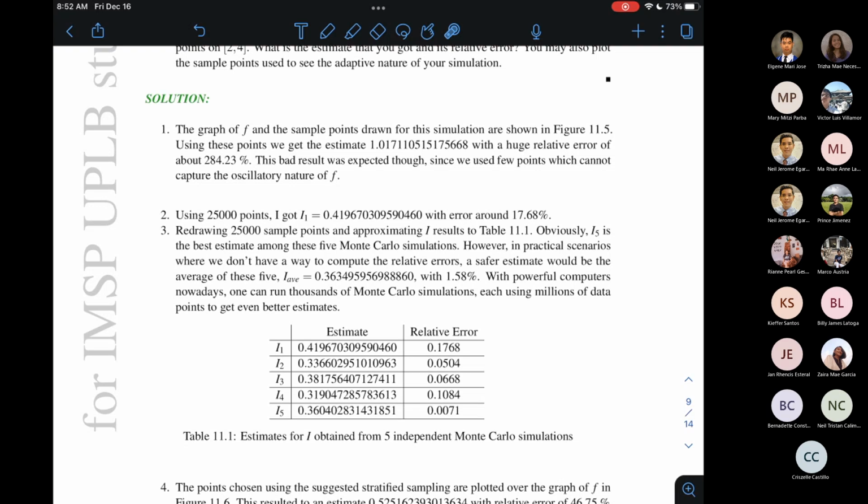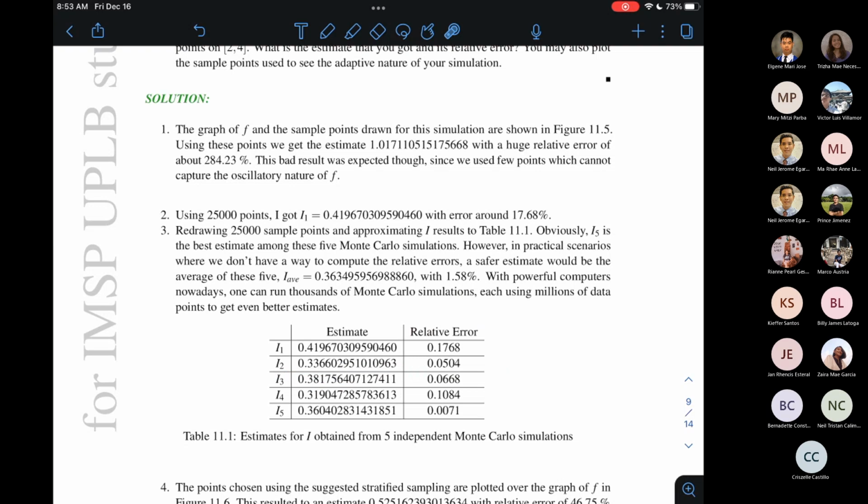Pero in reality, we don't have information about what's the true value, alright? Ginawa lang natin to kasi binavalidate natin yung method. Pero sa totoong buhay, wala kayong access dito. You don't know what the exact value is, so it's very difficult to get an estimate for the relative error. So, kaya ang ginawa ko, okay, third round, mag-Monte Carlo uli ako, 25,000 sample points uli. I got this number, right?